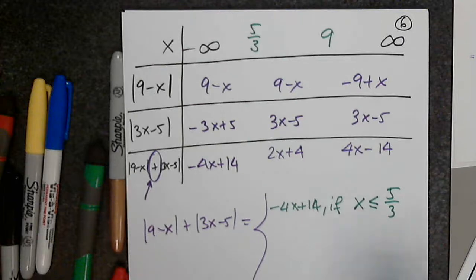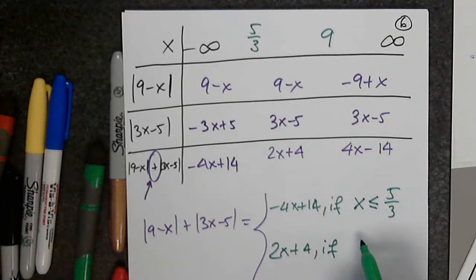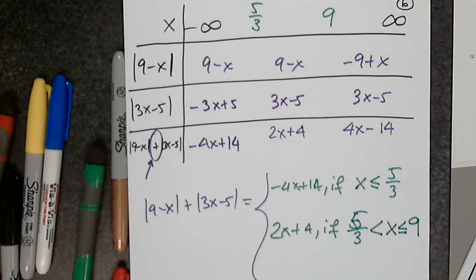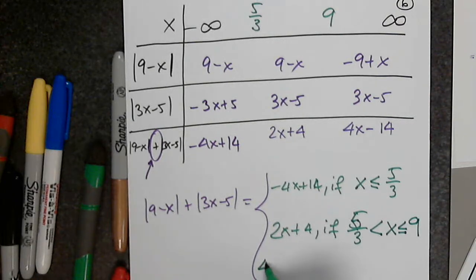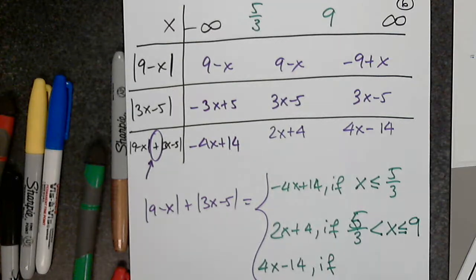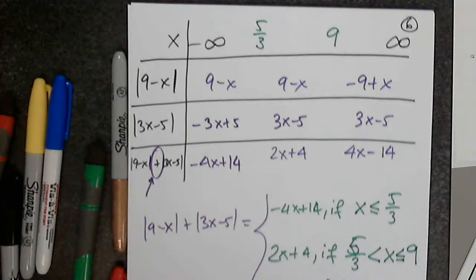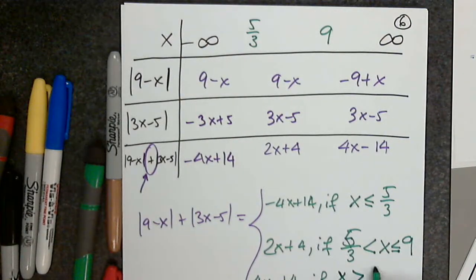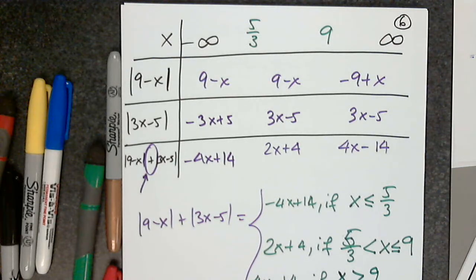Second branch: 2x plus 4, if x is between 5/3 and 9. And the last branch, it's the interval. If x is to the right of 9.